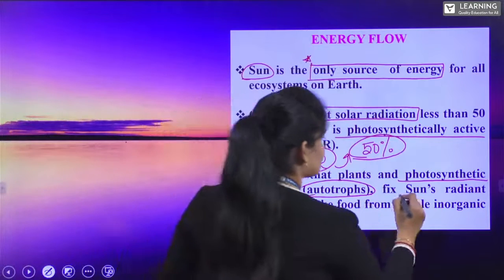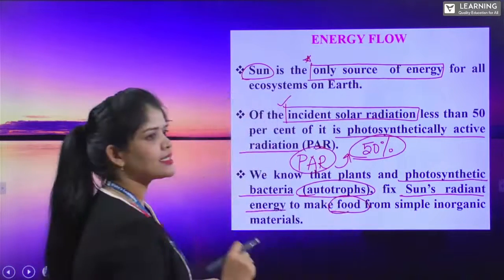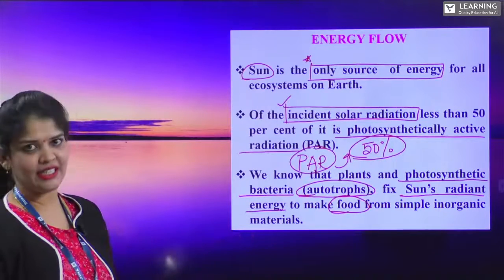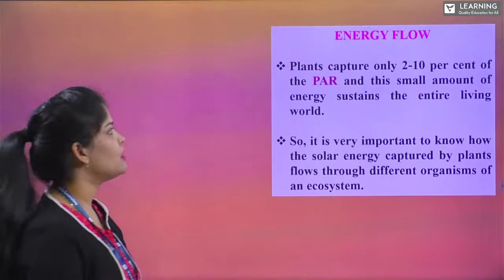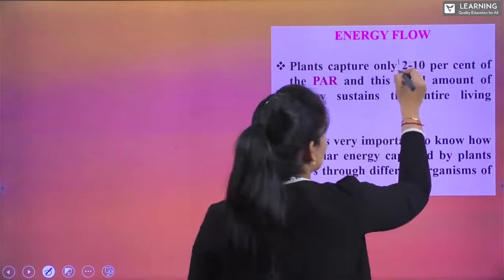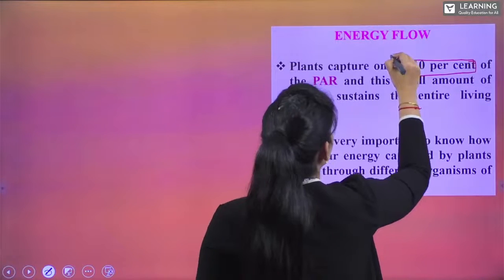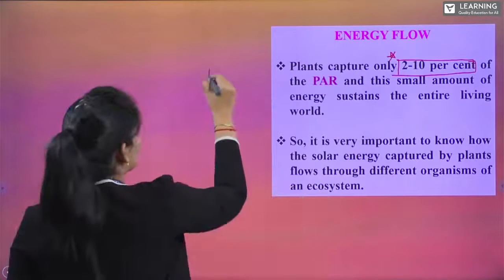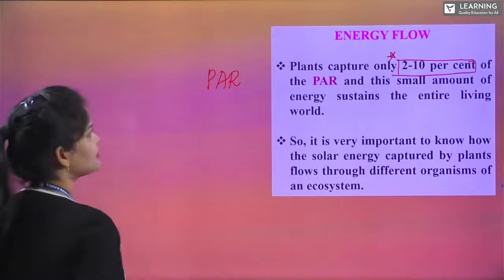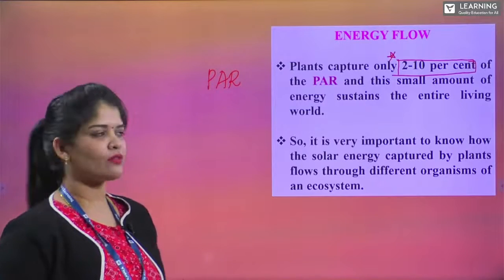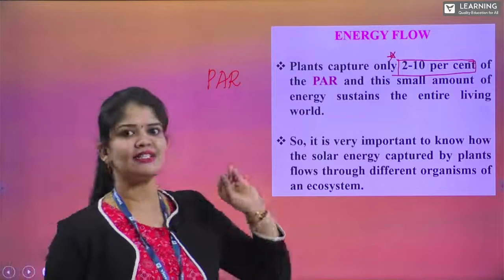It fixes the sun's radiant energy to make food from simple inorganic materials, right? And another thing, this is also very, very important: plants capture only 2 to 10% of the total PAR, that is photosynthetically active radiation, and this small amount of energy sustains the entire living world.